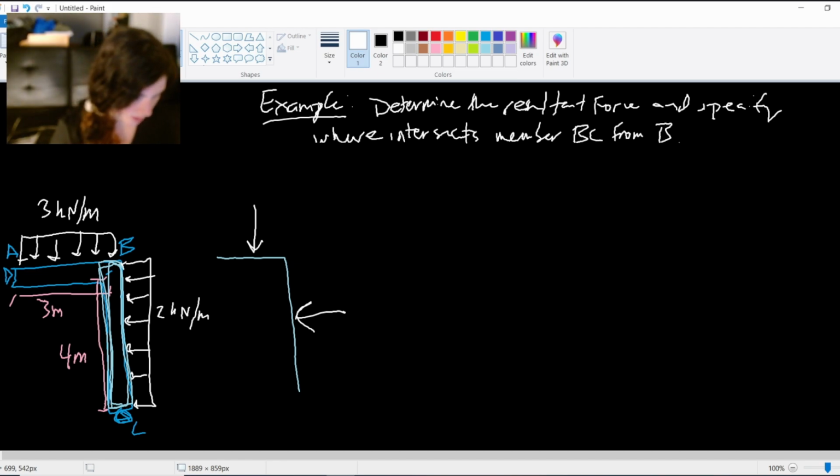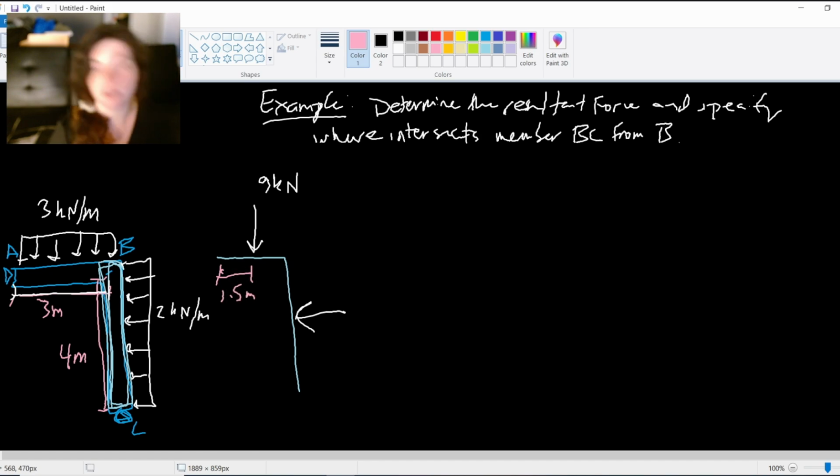So our top one here, from A to B, we have 3 kilonewtons per meter times 3 meters. It's a rectangular shape, so it's just going to be the base times the height. So we're going to end up with 9 kilonewtons. 9 kilonewtons is the resultant force. And then this distance, of course, will be 1.5 meters, halfway through member AB.